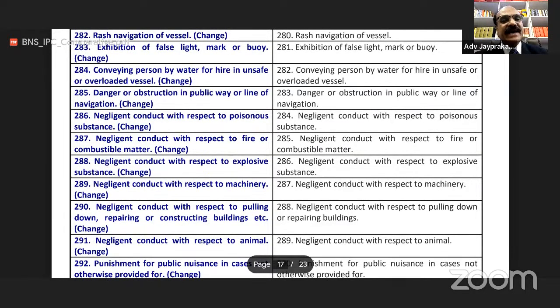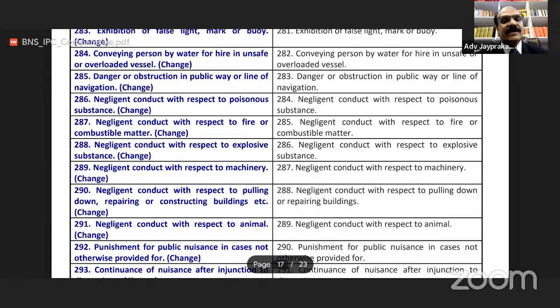BNS section 284, conveying person by water for hire in unsafe or overloaded vessel. Its corresponding section was 282. BNS section 285, danger or obstruction in public way or line of navigation. Its corresponding section was in IPC 283.